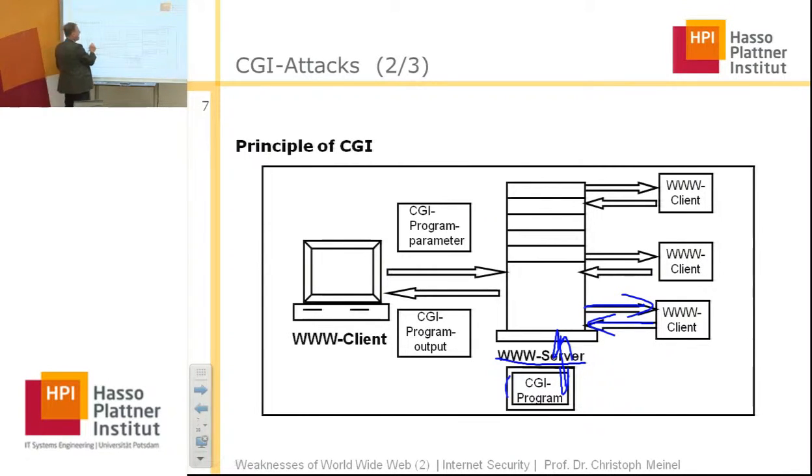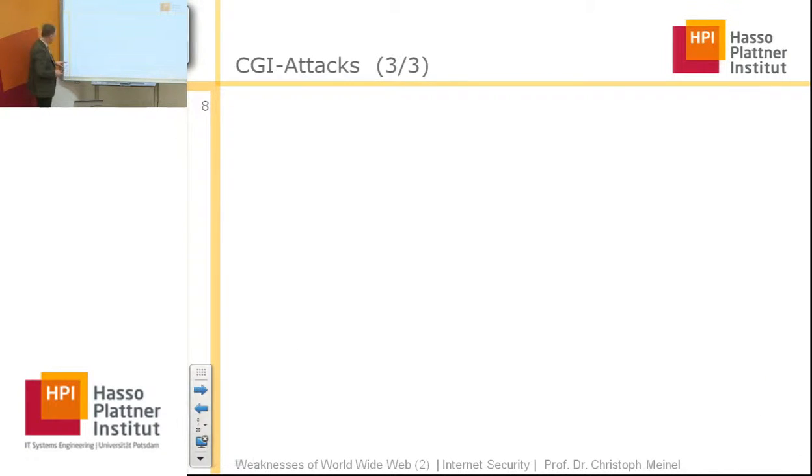So the client provides in the request the program parameters that the web server forwards to the program, the program processes this data, and then the web server gives back the output of the program to the requesting web client. This is the idea of CGI.